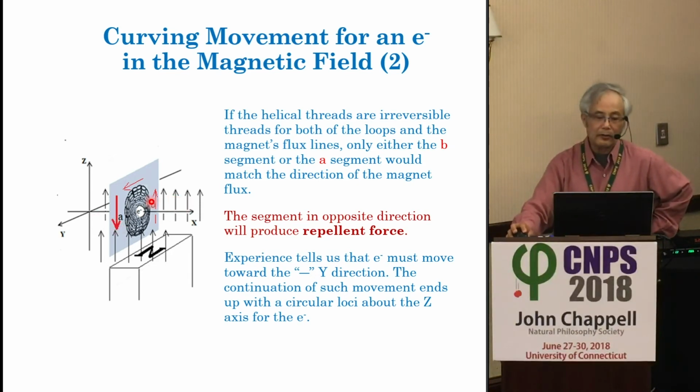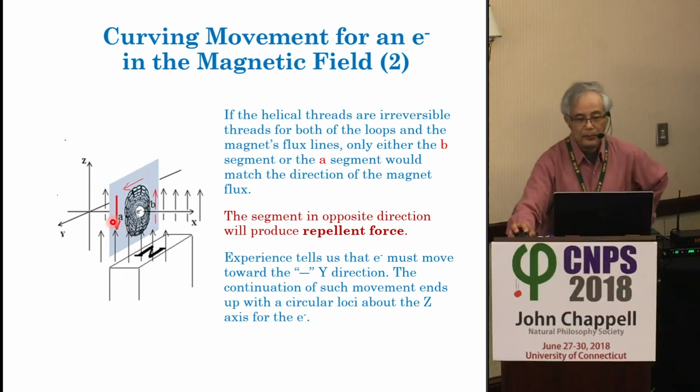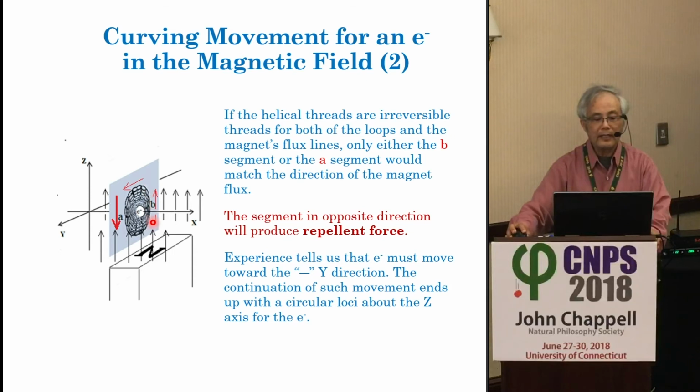On the other side of the same loop, the direction must be different. So as far as this loop is concerned, this section of the loop and the flux from the magnet cannot tolerate each other, so they must expel each other. At the same time, on this side, because the loop and the flux are in the same direction, they tolerate well. Okay?